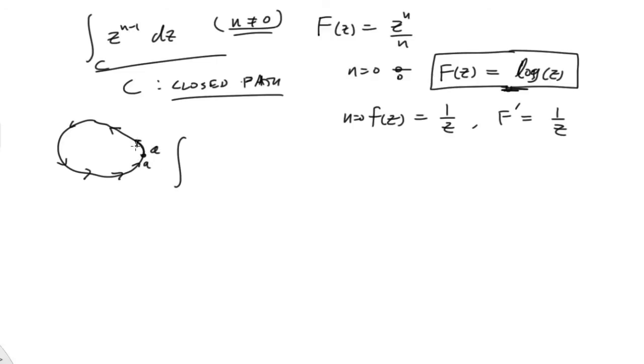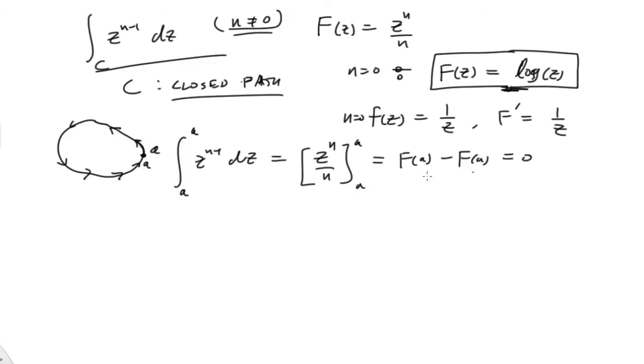So we start at A, we go around, and we end back at A. And so we can say that's integral from A to A of z to the n minus 1 dz. And of course, that's equal to z to the n over n, provided n is not equal to 0, evaluated from A to A. And of course, the answer is F of A minus F of A, which is always 0.